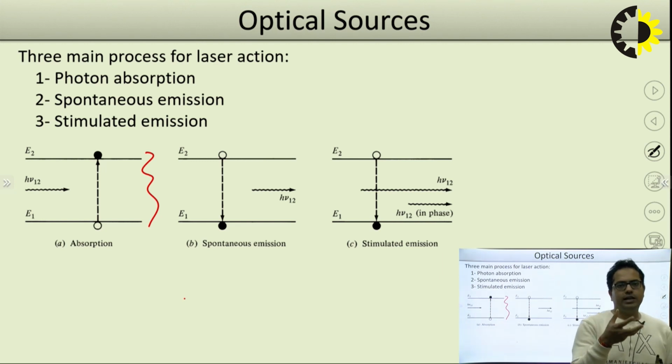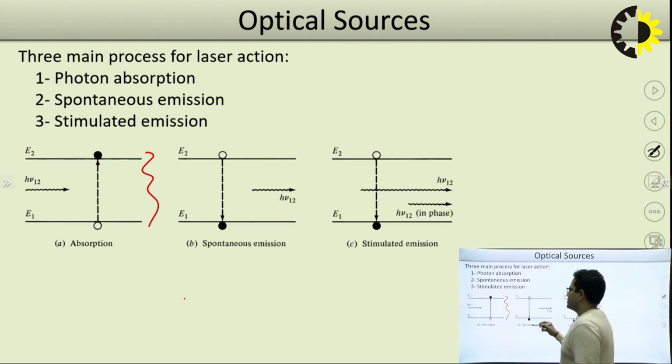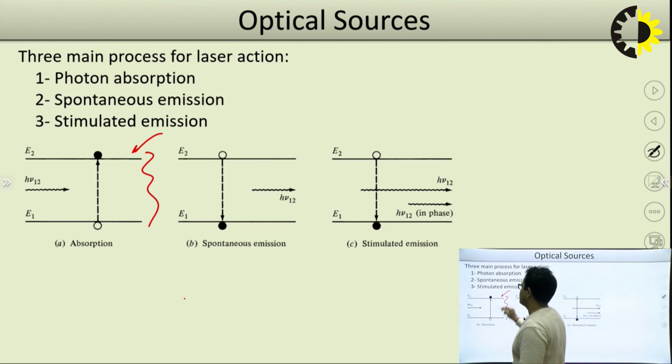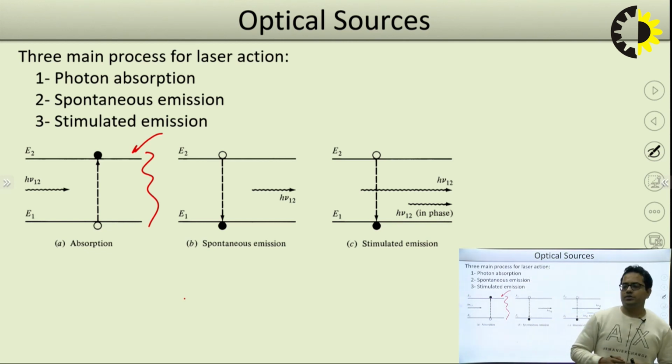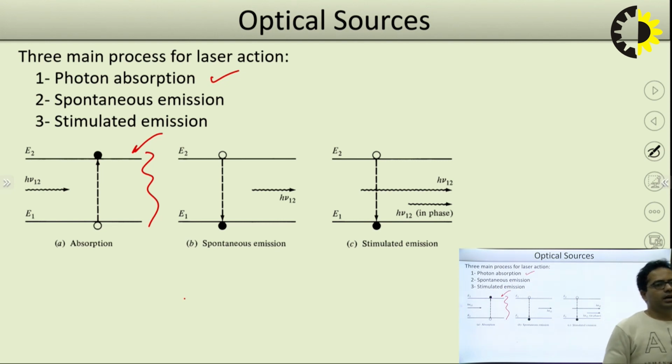Then the electron is excited from the valence band to the conduction band, and such a process is known as photon absorption.